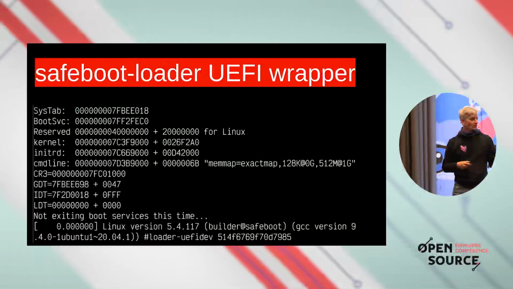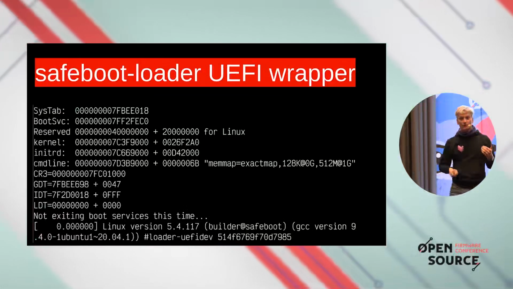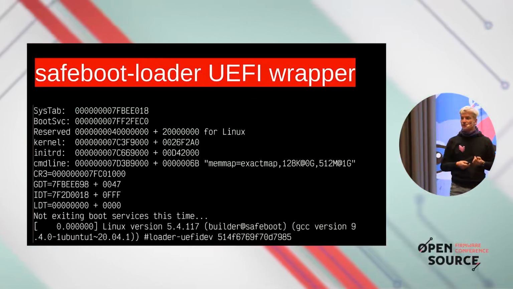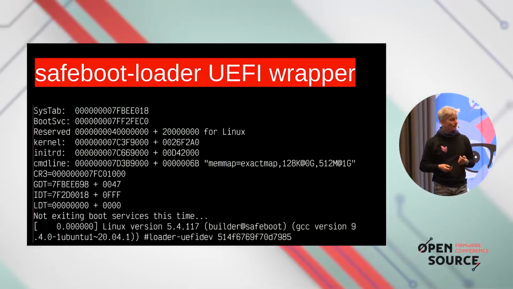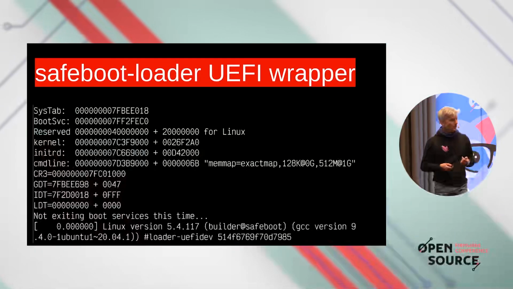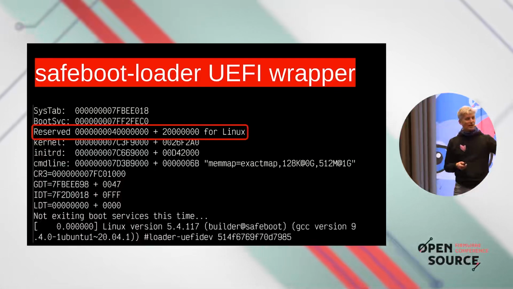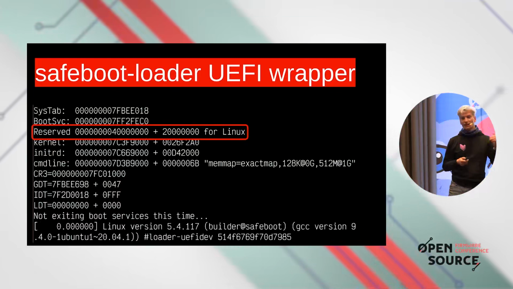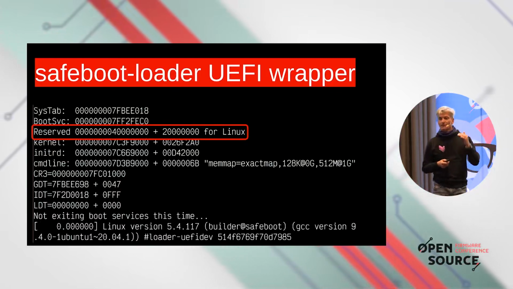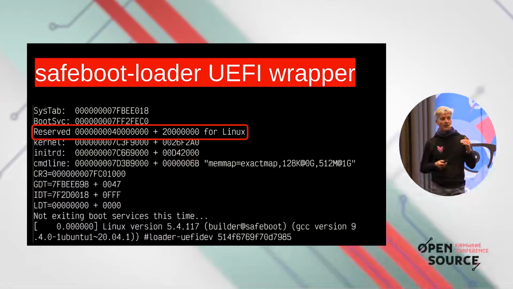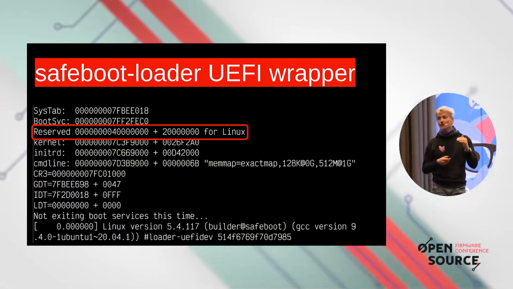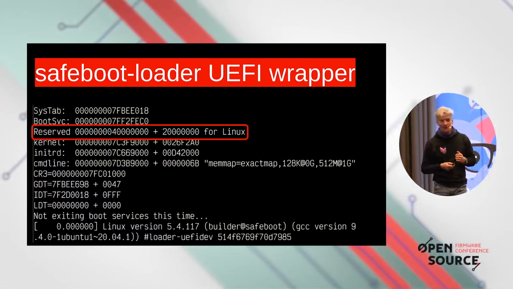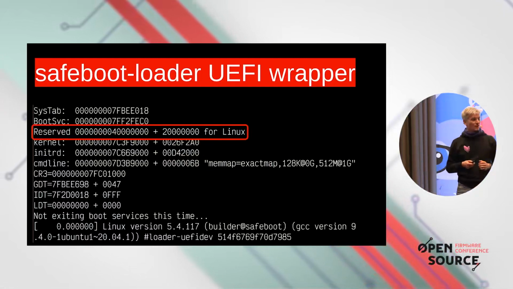The next step is we have a wrapper around the kernel that is similar to the EFI stub from systemd, with a few exceptions. The first of which is it allocates, in this case, I think, half a gigabyte of memory, and it finds a 1 gigabyte alignment where it can map that. And that alignment comes in later because of page table things.